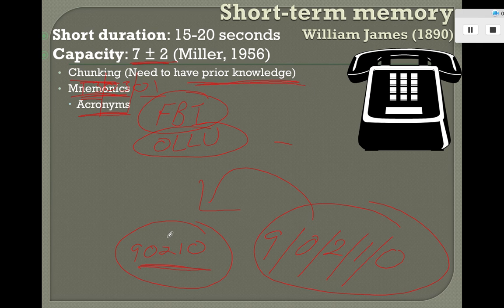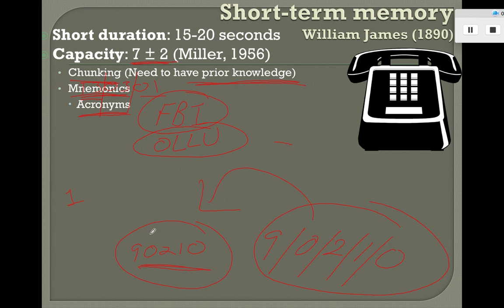So rather, we implement a chunking strategy just as we've done here with 90210, and now what have we done? We've used up 1 unit. So we still have somewhere between 6 to 8 units available for me to still include other information.